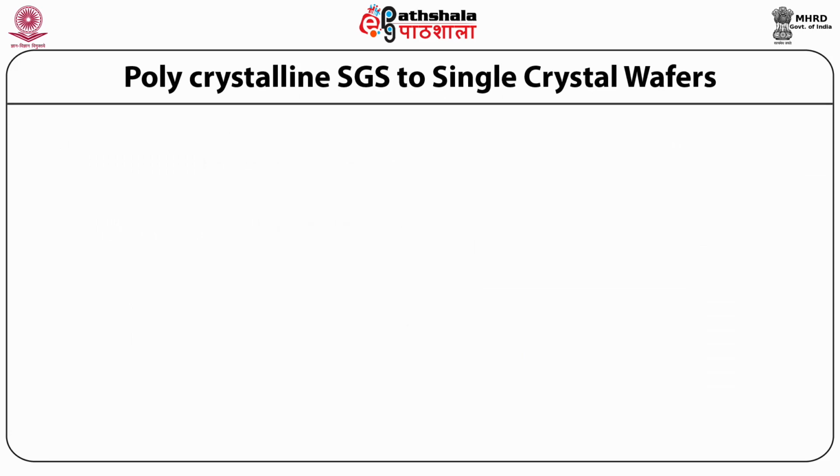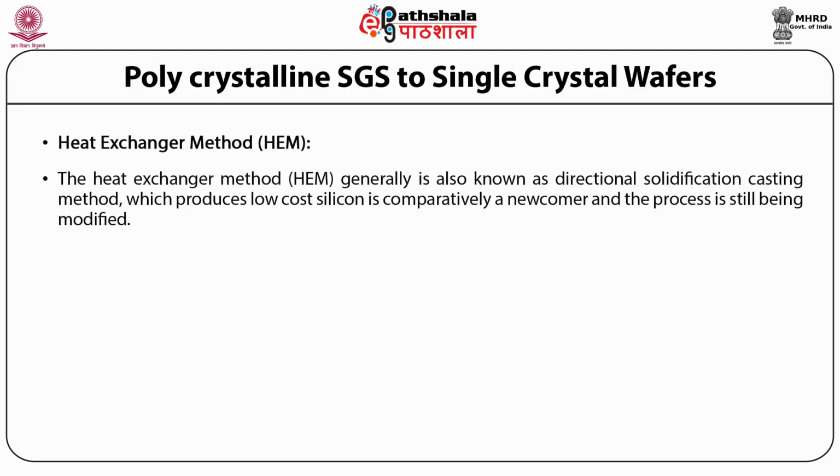Now let us discuss the other techniques of converting the SGS to single crystal wafers. First is the heat exchanger method, HEM. It is also known as the directional solidification casting method, which produces low-cost silicon, and it is comparatively a newcomer process which needs to be modified.